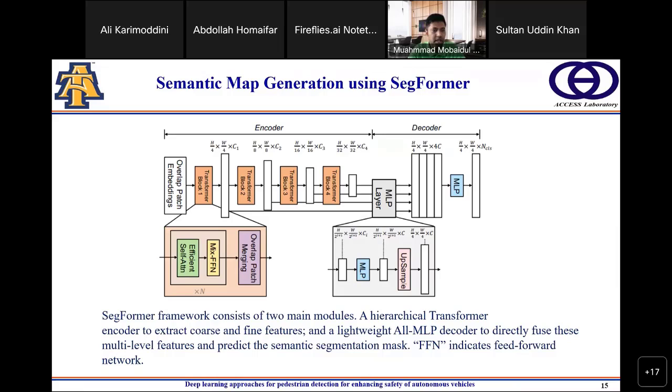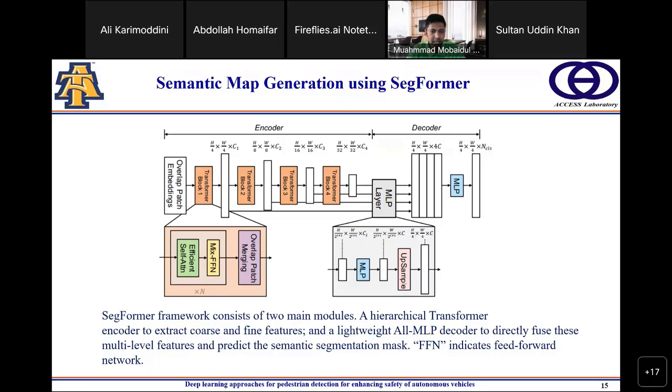If we go through the architecture in detail, an input image of height and width H and W is fed into the network and divided into small patches of size 4x4. Then these patches are used as input to the hierarchical transformer encoder to obtain multi-level features at different resolutions of 1/4, 1/8, 1/16, and 1/32 compared to the original image size.